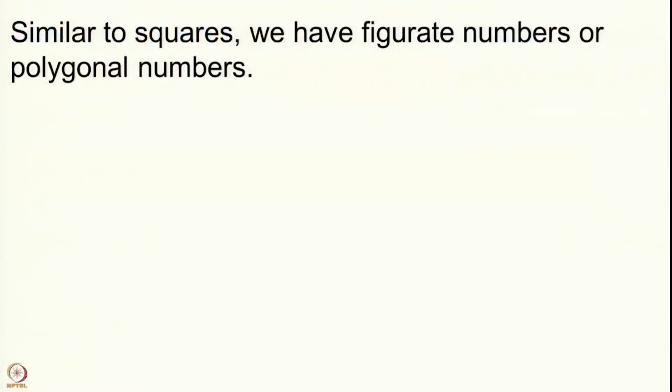Similar to squares, we have figurate numbers or what are also known as polygonal numbers. So, squares are the numbers which can be written in a grid of squares. This is 1, 2 and then you have a grid of squares to write 9.